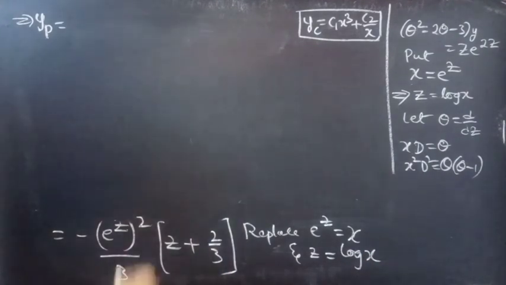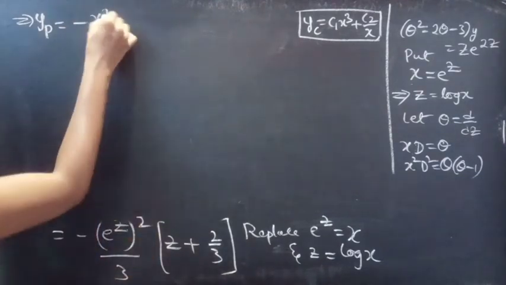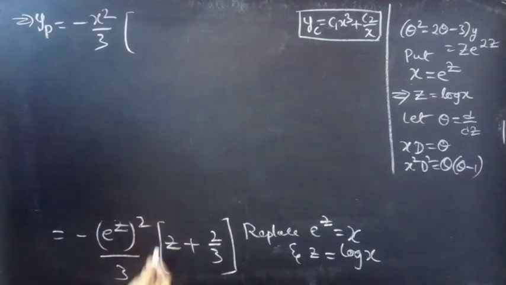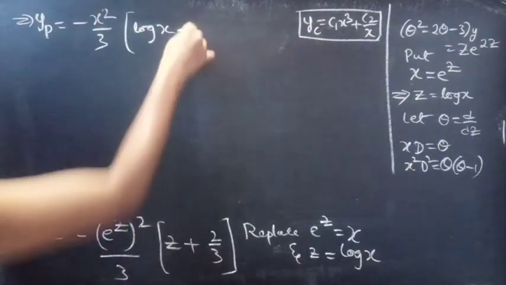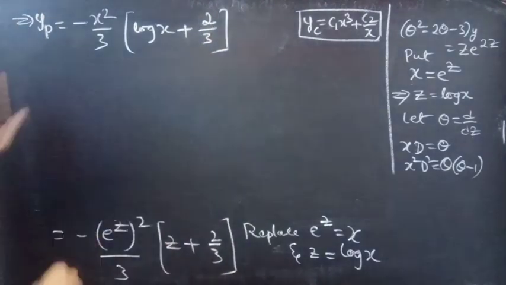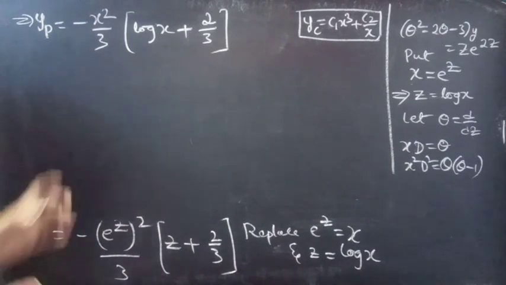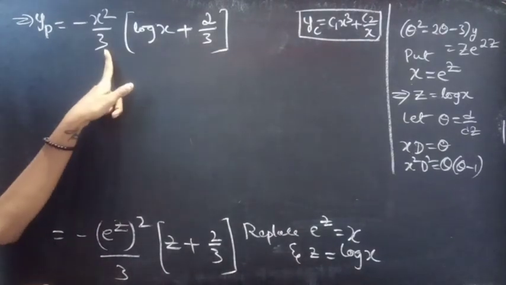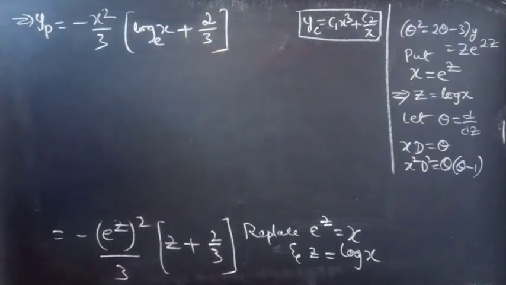Then yp becomes minus, replacing e power z by x, we get minus x square by 3 into, replacing z by log x, log x plus 2 by 3. So we got yp, which equals minus x squared by 3 into log x plus 2 by 3. We can write log x as log x to the base e.